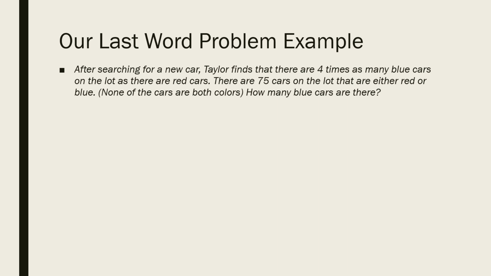When you're doing a problem like this, it's important to scratch off the irrelevant information, the things that you don't care about. I don't care about this. I don't care about this. Really, what we have is that there are 4 times as many blue cars on the lot as there are red cars.